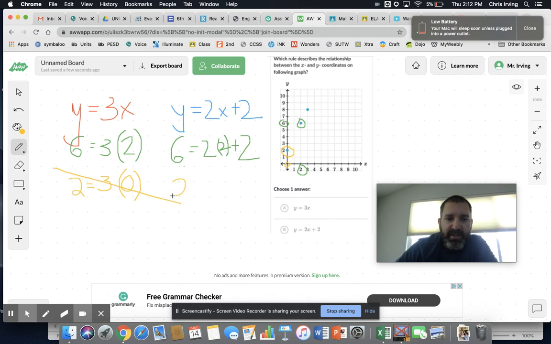The second equation says that y now equals 2, so I'm going to substitute 2 for y, equals 2 times x. Well, as you can see, x is 0 on this graph. So that means that we have 2 times 0 plus 2. There it is. And that is true because 2 times 0 gives us 0.